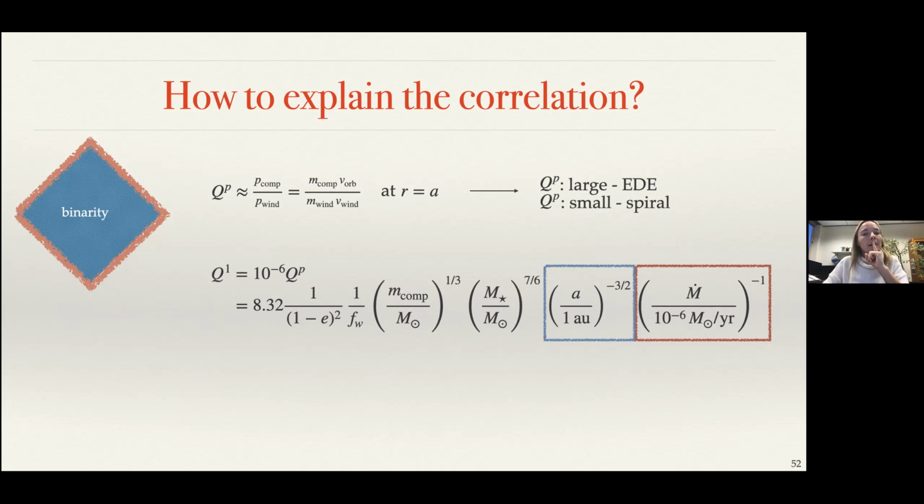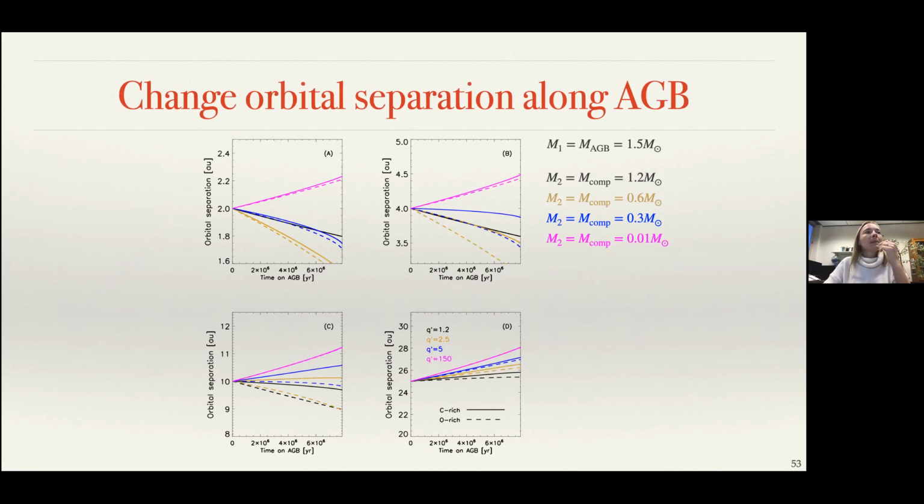We know that. So if we now have a sample of stars with planets and companions, and they have some initial separation, how will that initial orbital separation change along the AGB phase? And I've done several computations. So this is now for an AGB star with an initial mass of 1.5 solar masses.